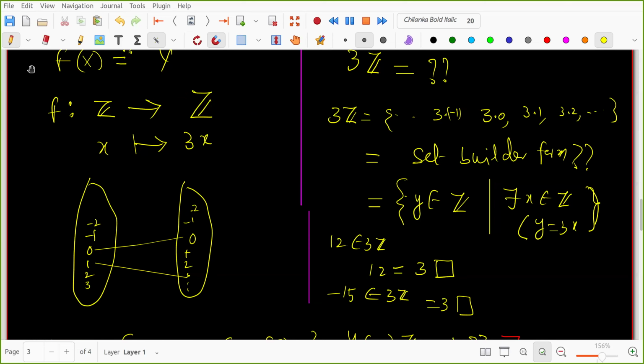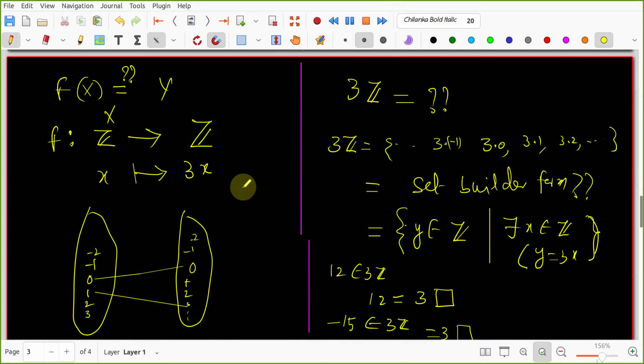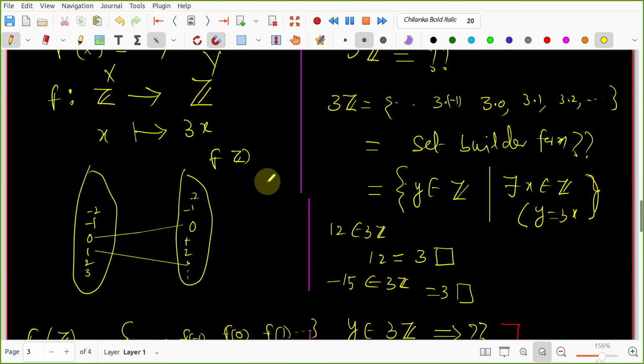It is domain. It is codomain, right? Okay. What is f of Z now? F of Z is 3Z, correct? It is not equal to Z, correct? Yes, sir. Okay. So what is f of X then?